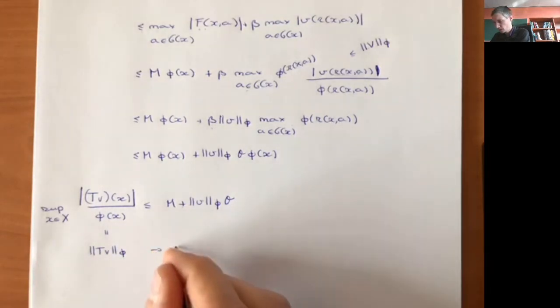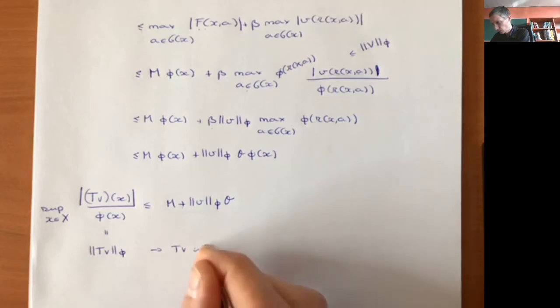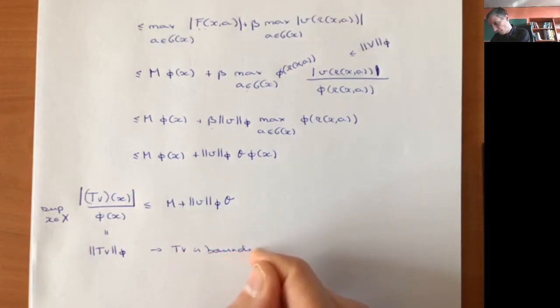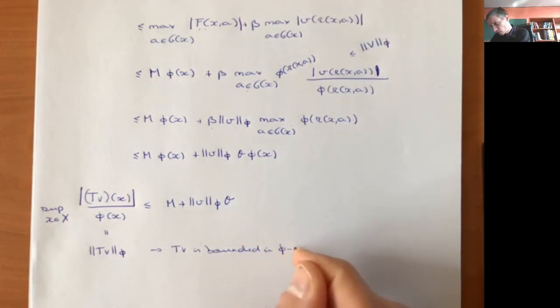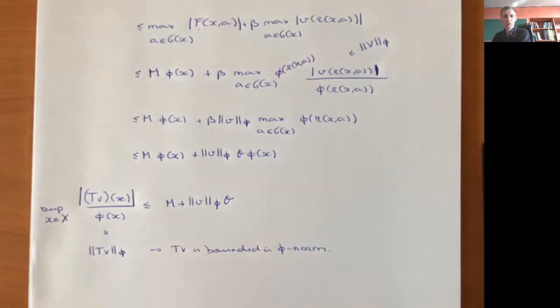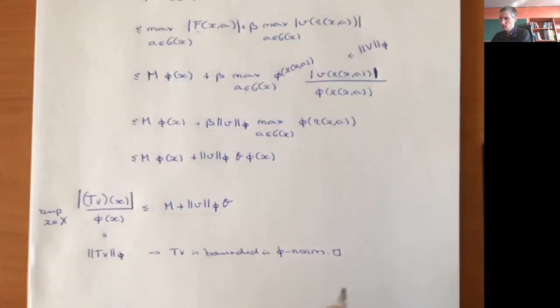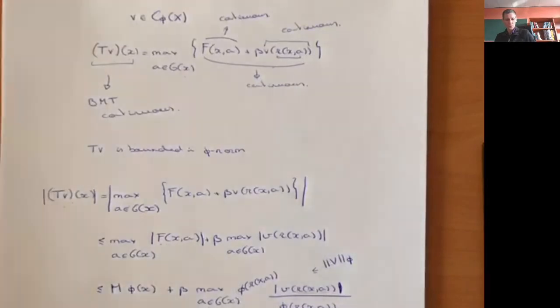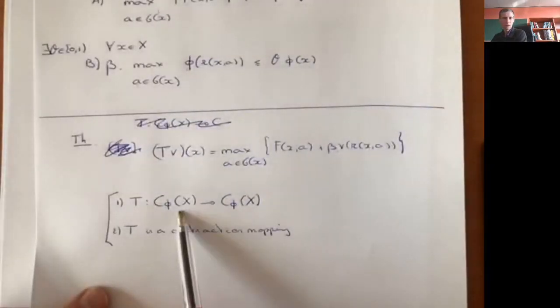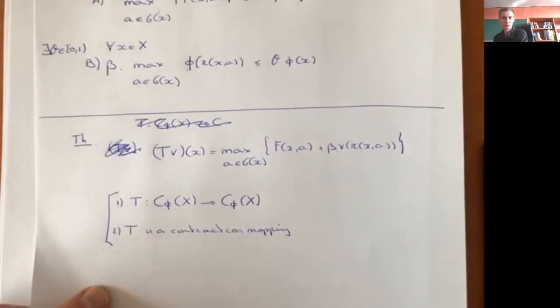So TV is bounded in the phi norm. So this indeed shows that T is a mapping from this set to this set.